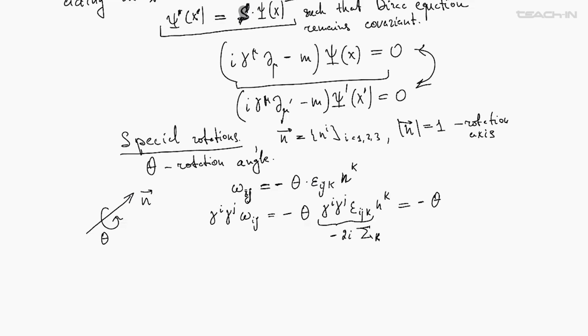And so the resulting expression, in this case, becomes plus 2i theta sigma_k n_k, where this sigma, if you write it with upper indices, you might see that, due to the Clifford algebra relations of gammas, this can be written also in the following form: gamma 5, our fifth gamma matrix, gamma 0, gamma i.